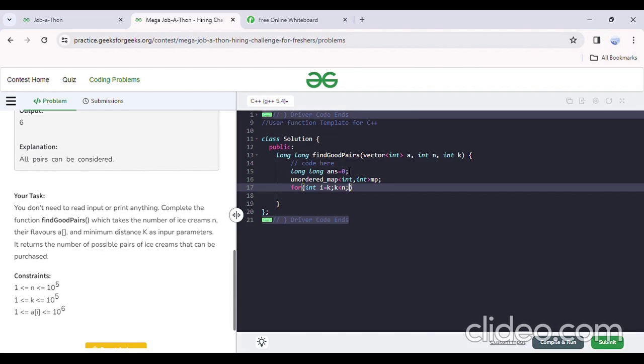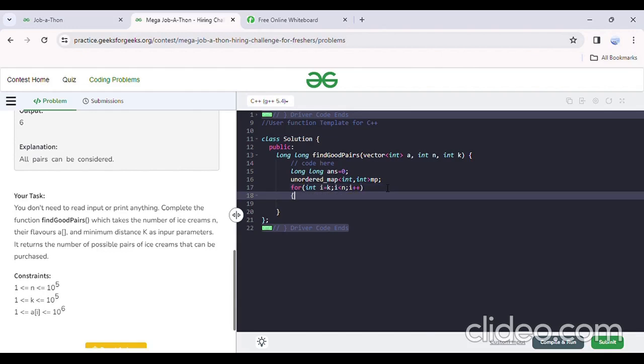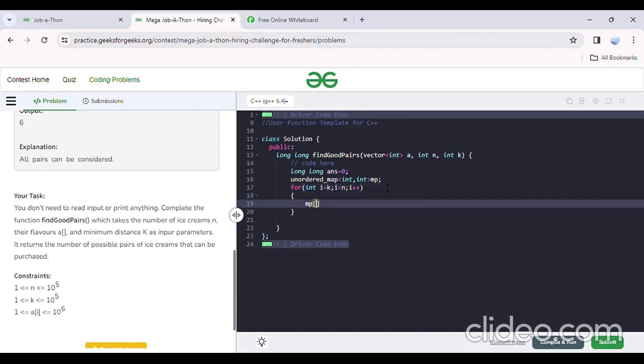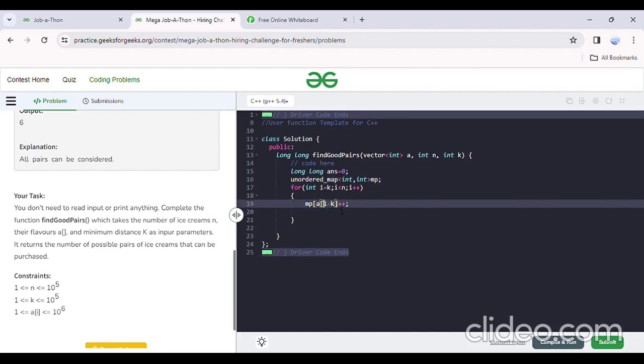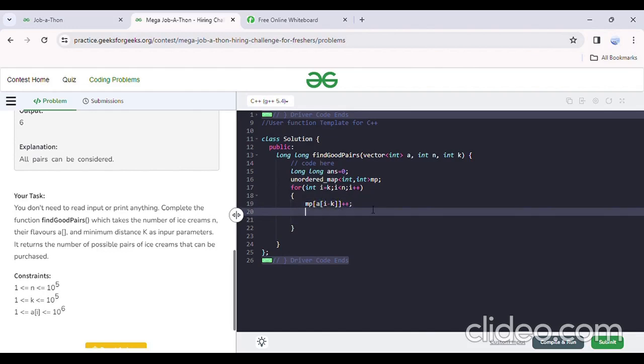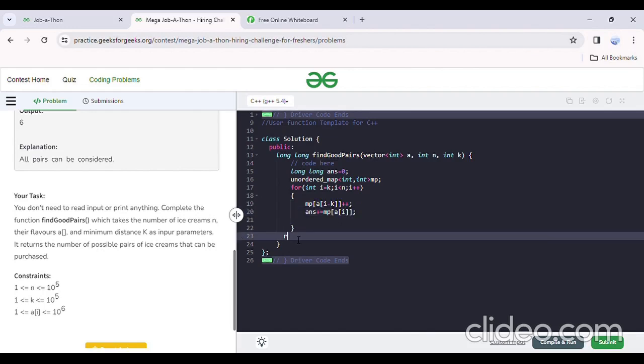Sorry, here we have to take again MP of I minus k, MP of A of I minus k, MP of A of I. Just return the answer. That's it. Only 3 lines of code. I will explain this again to you.